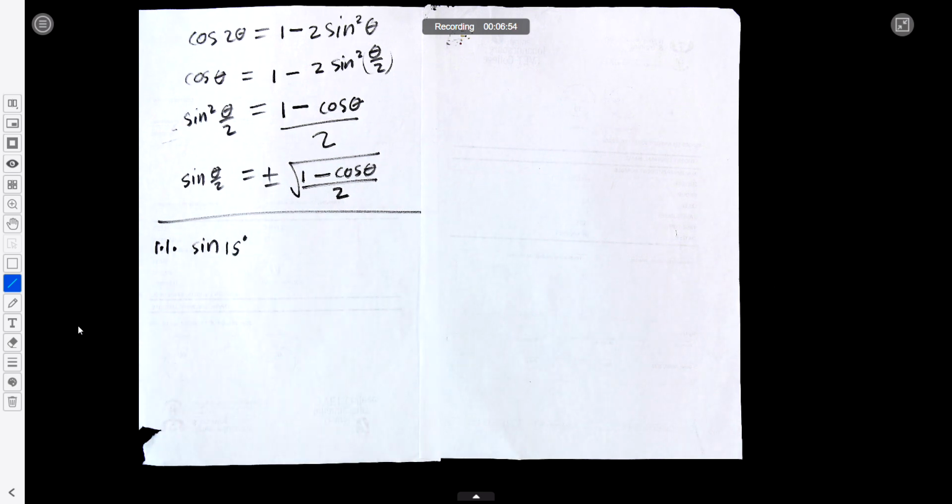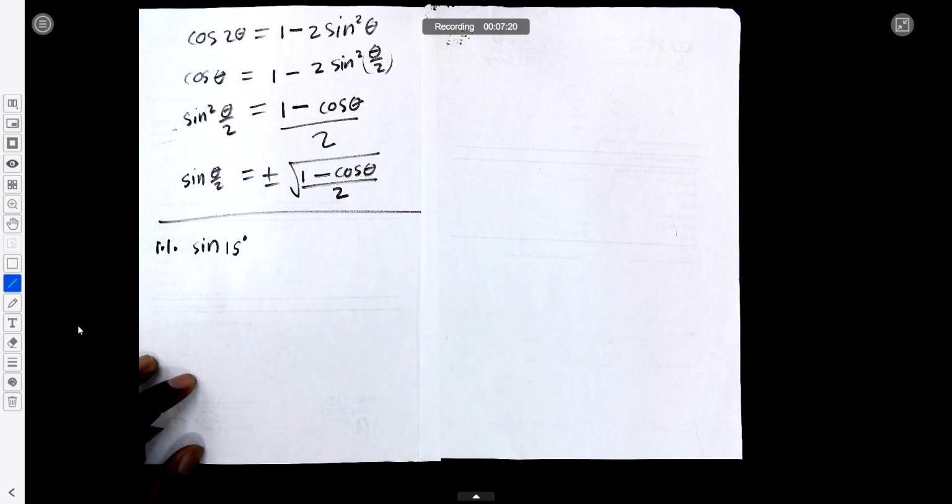We need to determine the following without the use of a calculator and by using the half angle identities. But if it was not specified, you'll have to try and figure it out again without the use of a calculator. Remember when we were doing cos 105, we had to add the special angles.